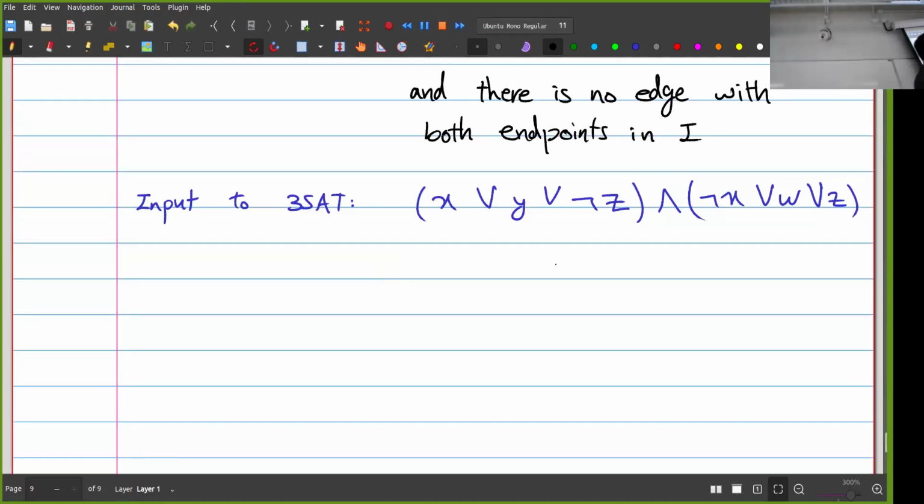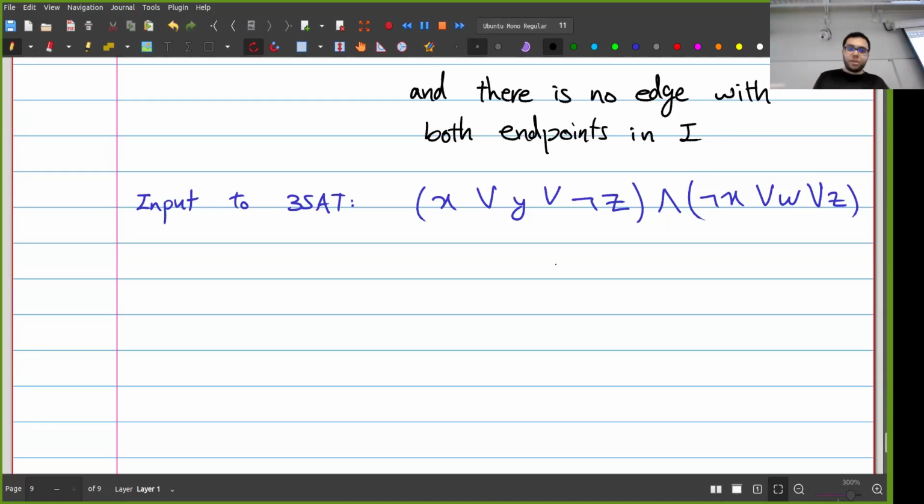And let's explain how I'm going to take an input of 3 SAT and convert it to an input of independent set. Now, the really important points are that I have to do this, first of all, in polynomial time. And secondly, I have to create an equivalent input. So if the answer to my 3 SAT is yes, the answer to my independent set input should also be yes.